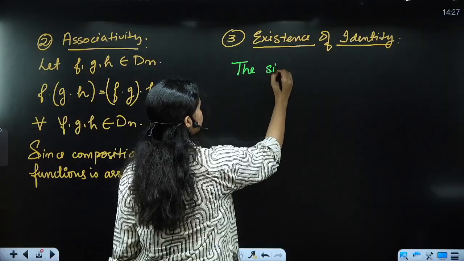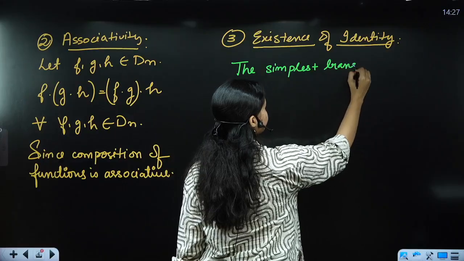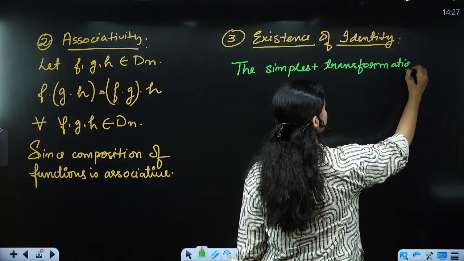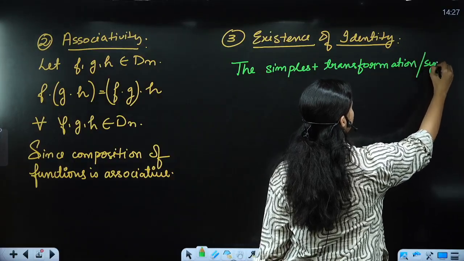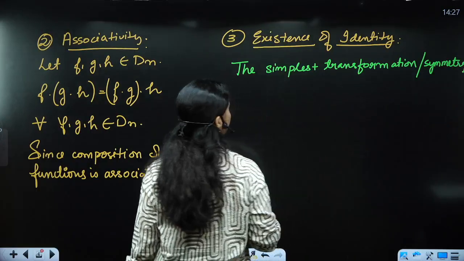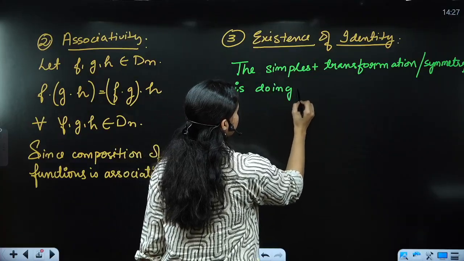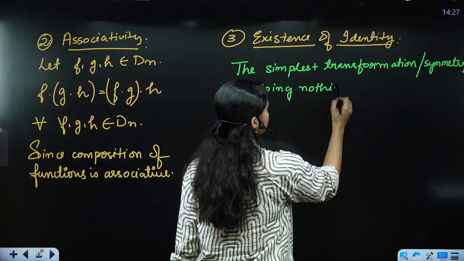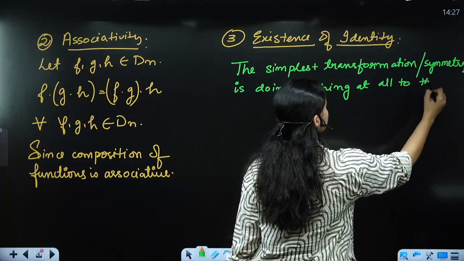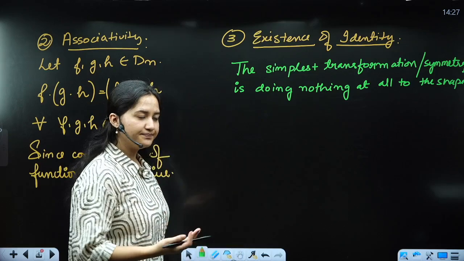The simplest transformation or symmetry, if you want to call it, is doing nothing at all to the shape, right? What does this mean?